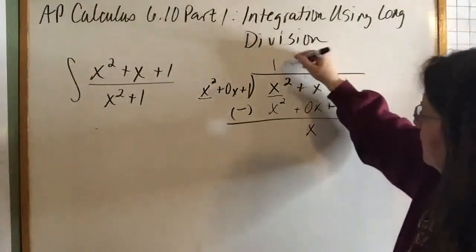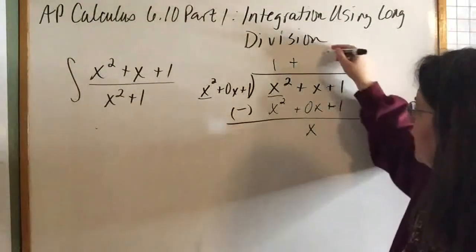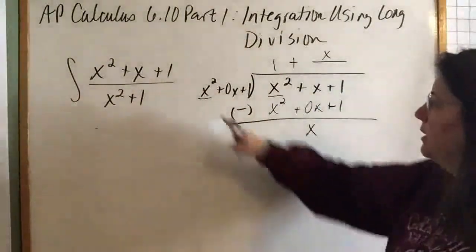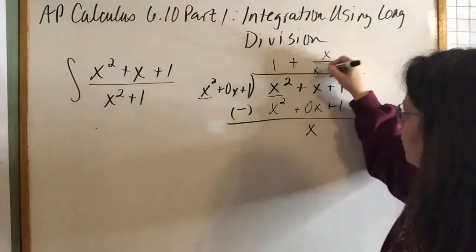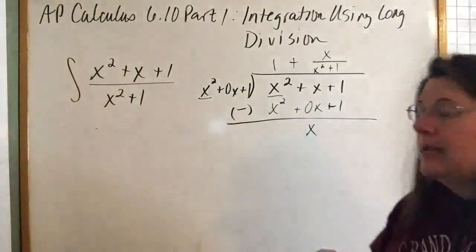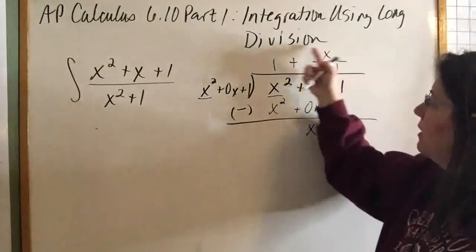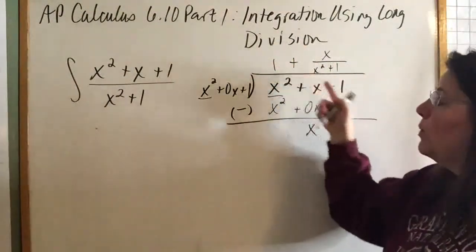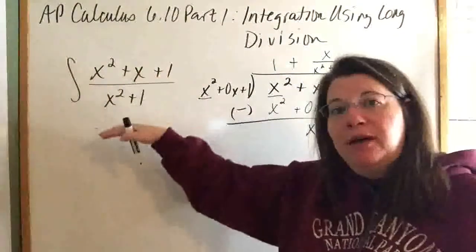That was a positive x, so it's going to be a plus x over the divisor, which was x squared plus 1. I'm going to leave out the 0x at this point because I don't need it anymore. So this up here is what we get when we divide the top by the bottom. So I've rewritten it.